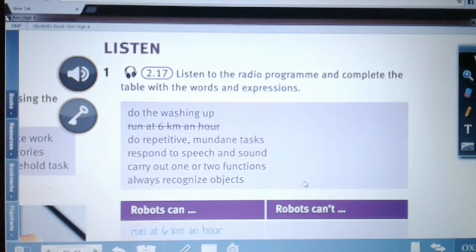After that, you need to see this listening part. So I'm going to play the audio for you, and please take a look at the direction first. Part 1, you have to listen to the radio program and complete the table with the words and expressions. So we have do the washing up, do repetitive mundane task, respond to speech and sound, carry out one or two functions, and always recognize objects.